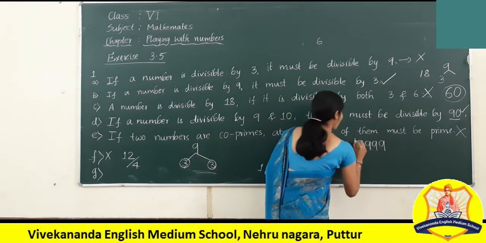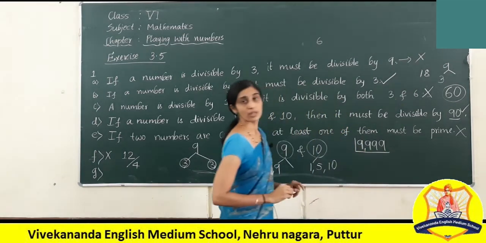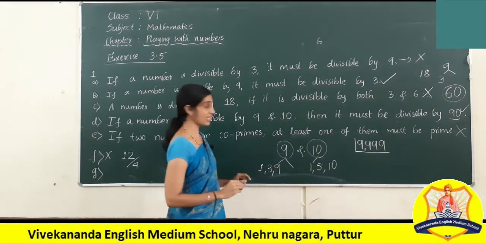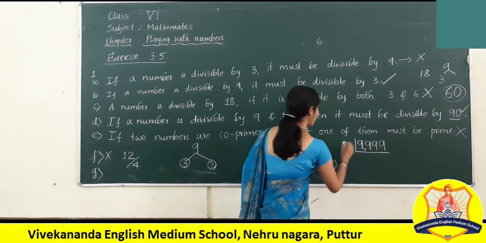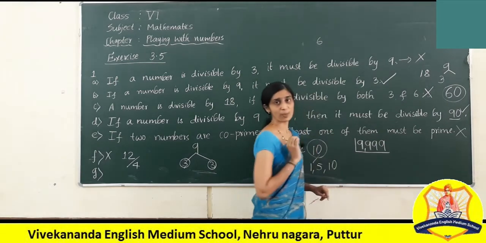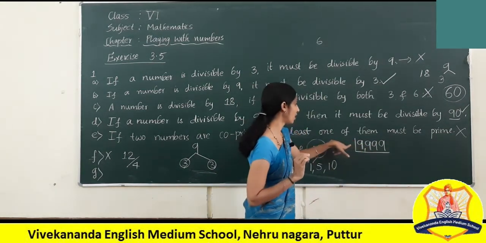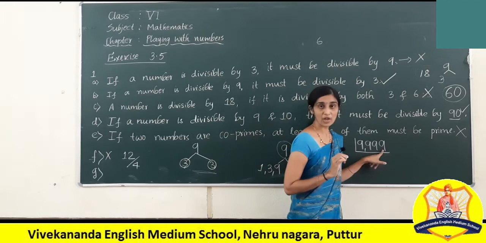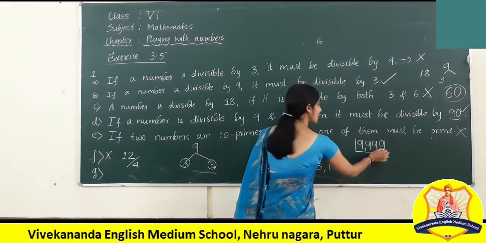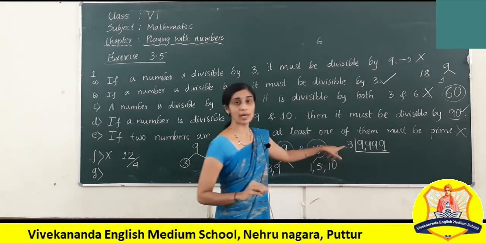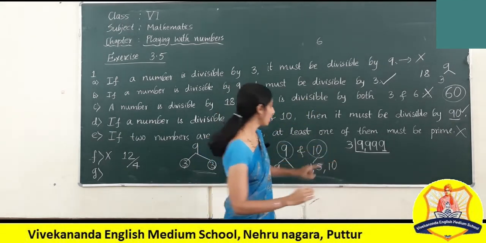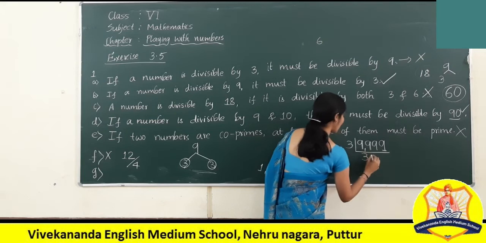Okay. What should I do? I should express it in the form of prime factorization. Which is the least possible number I can take here? Can I take 2? I cannot take 2. It is ending with an odd number. So, the next lowest prime number is 3, right? So, 3 threes are 9.